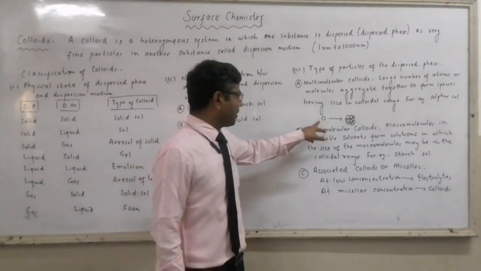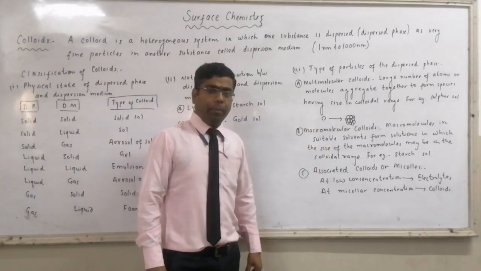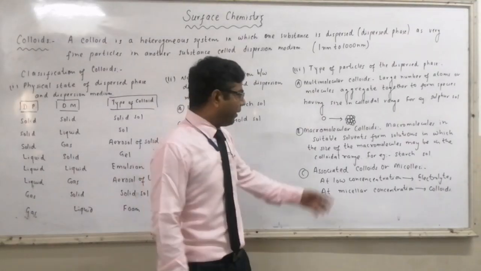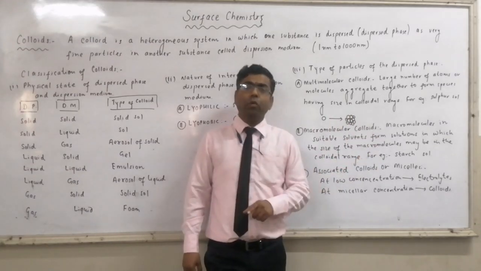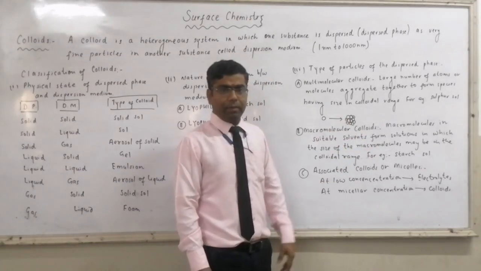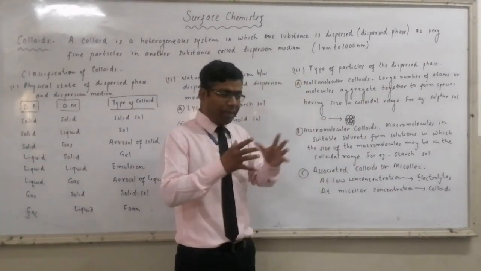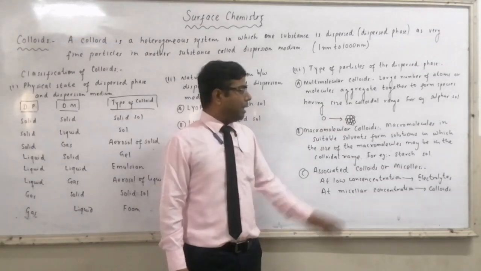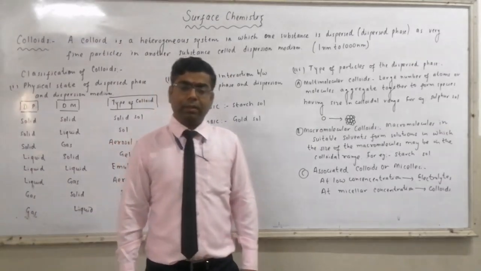So here is your single molecule having dimension less than 1 nanometer, but when a collection of the molecules is taken, then this aggregate particle is having dimension between 1 nanometer to 1000 nanometer, and will form the colloid. So in multimolecular colloids, a large number of atoms or molecules aggregate together to form species having size in the colloidal range. Example, sulfur sol.